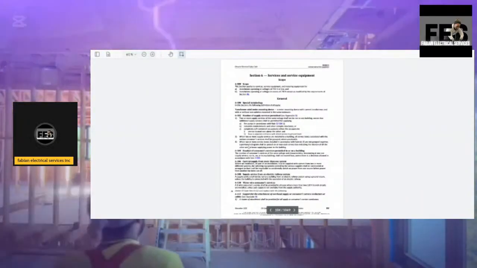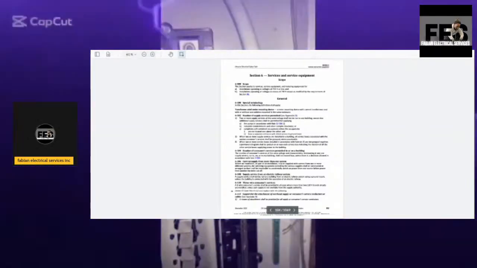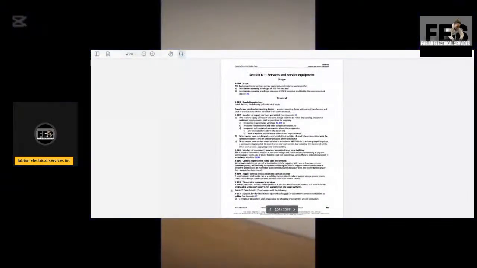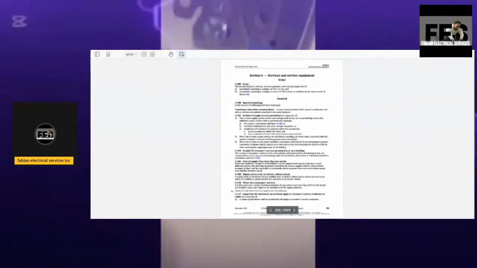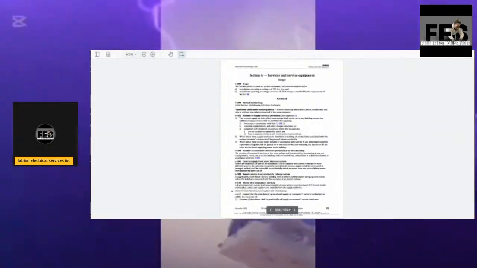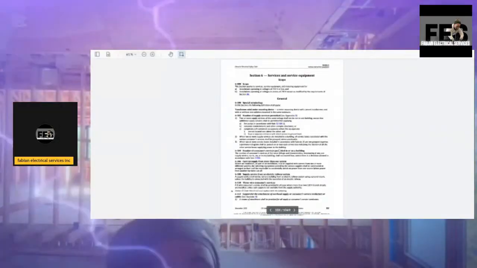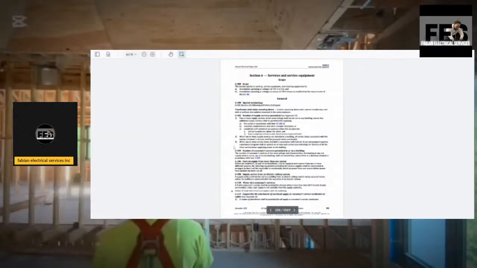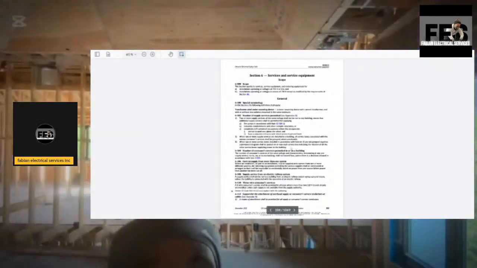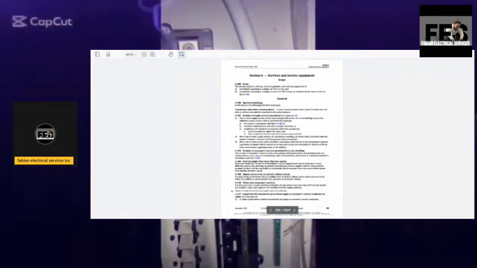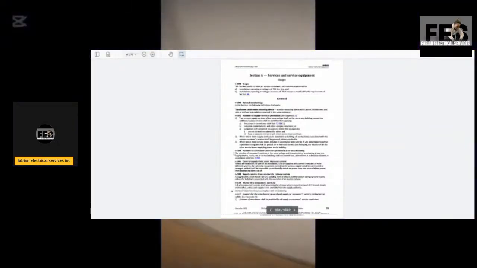When two or more boxes installed in accordance with sub-rule 2 are not grouped together, a permanent diagram shall be posted on or near each service box, indicating the location of all the other service boxes supplying power to the building. So again, when you see stuff being labeled, it's all coming from inside of the code. That's why we do what we do when it comes to the electrical.